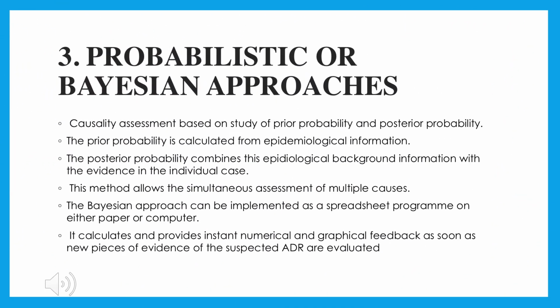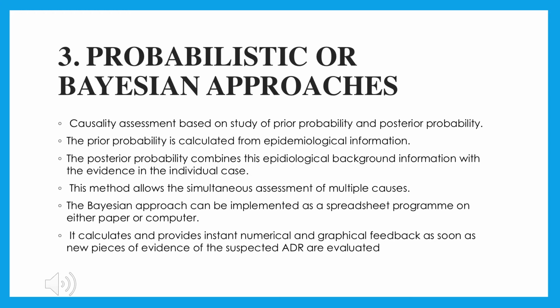The third method of causality assessment is the probabilistic or Bayesian approach. The causality assessment in the probabilistic method is done by prior probability and posterior probability. Prior probability is calculated from epidemiological information, from a wide source of information, like a huge population.